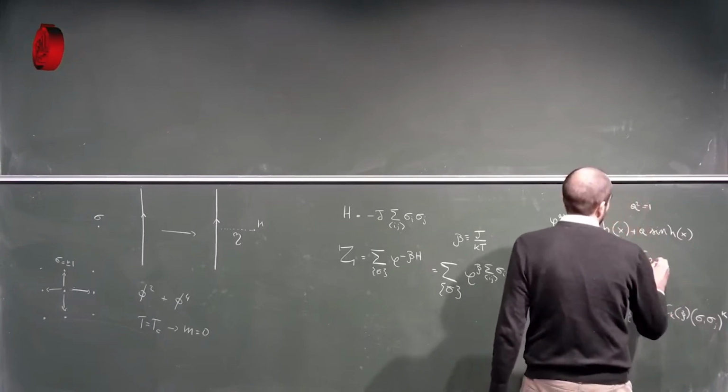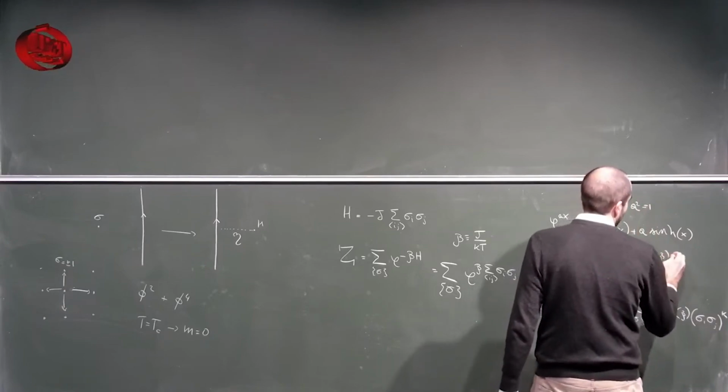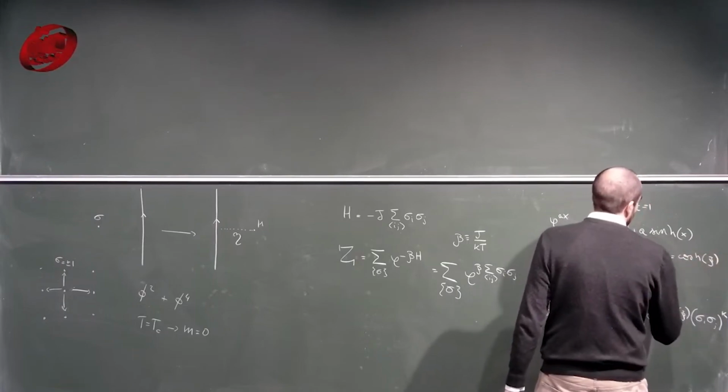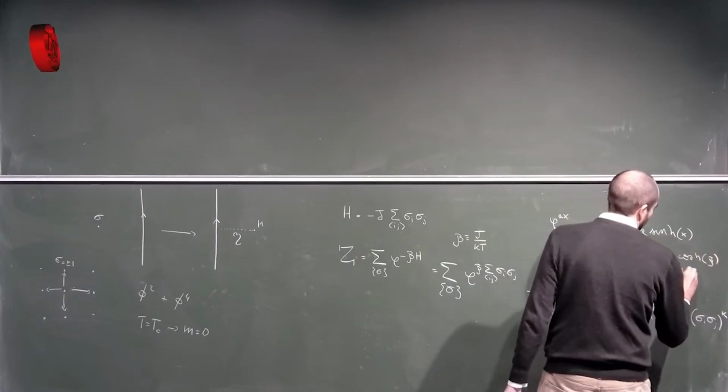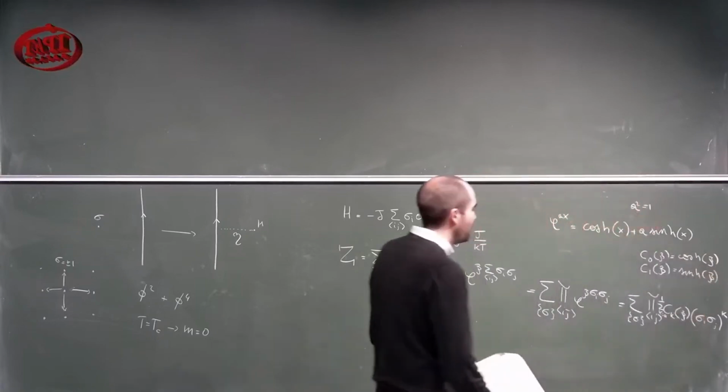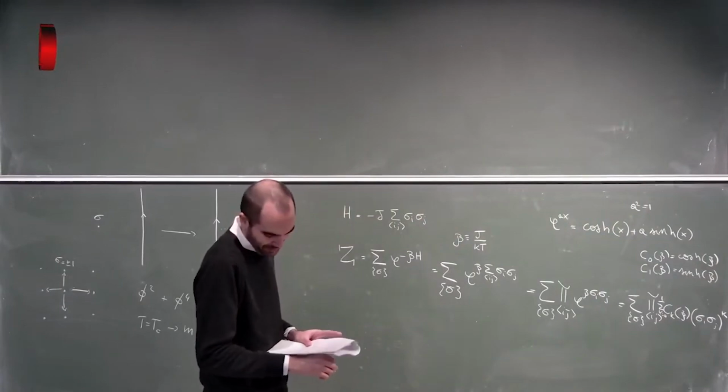And C0 of beta is the hyperbolic cosine and C1 is the hyperbolic sine. So for now, I've done essentially nothing.